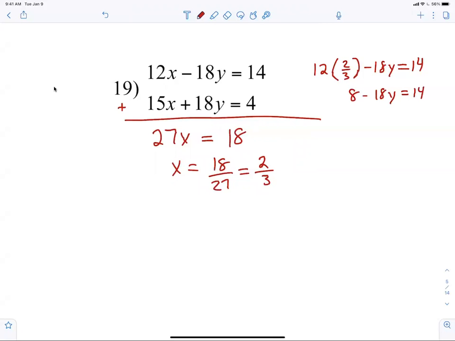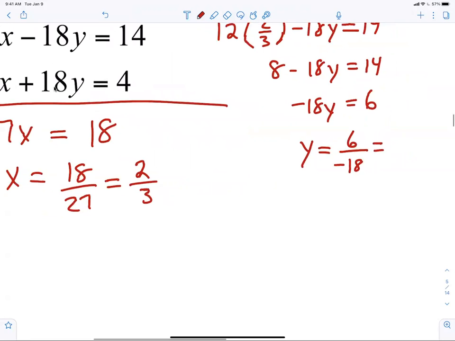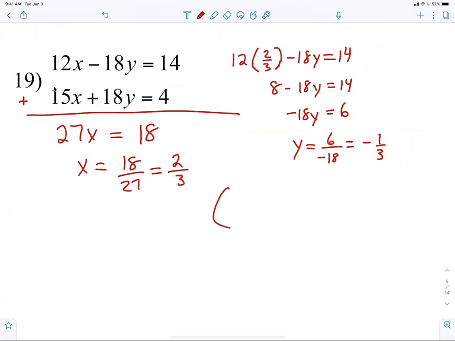Subtracting 8, negative 18y equals 6. Y equals, which is what? Negative 1/3. So I have 2/3 comma negative 1/3.